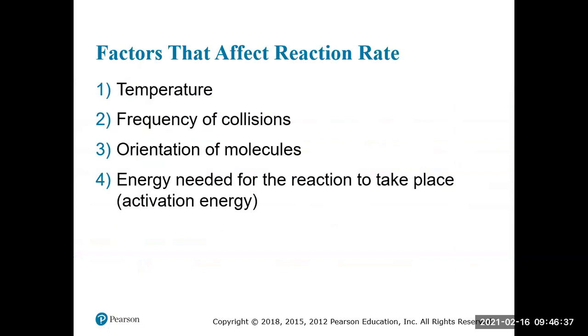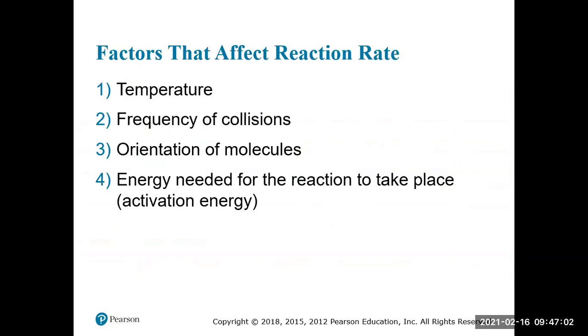All right. Let's talk a little bit more about factors that affect reaction rate. So we have temperature. We've talked about that a little bit. There's also frequency of collisions and orientation of the molecules. For a reaction to occur, the molecules have to run into each other.